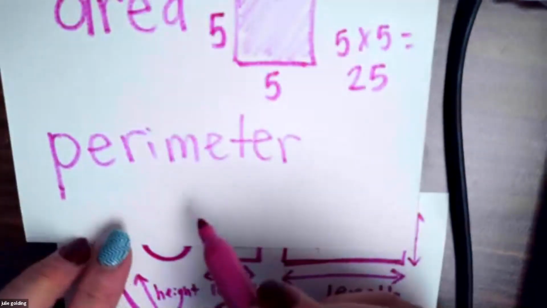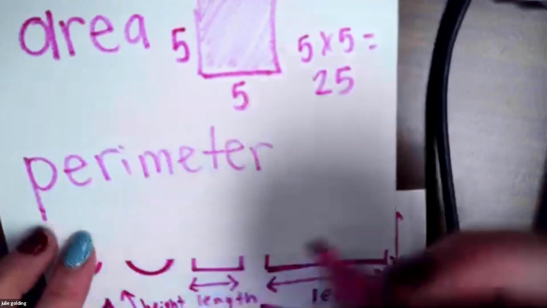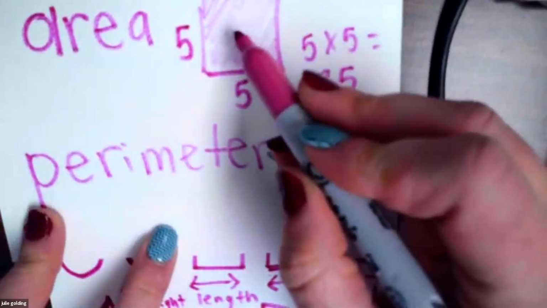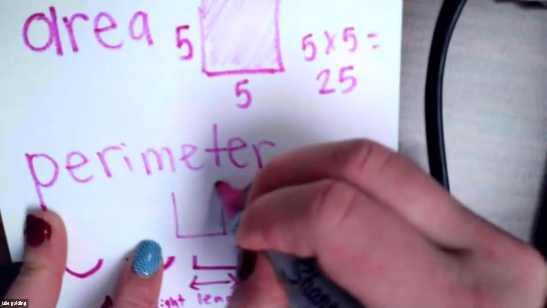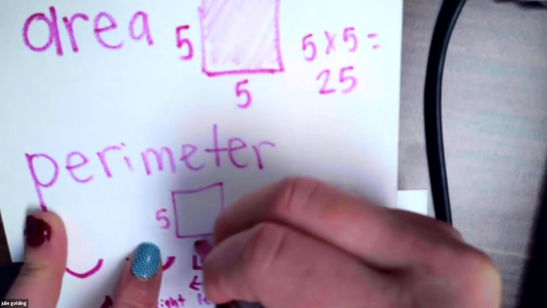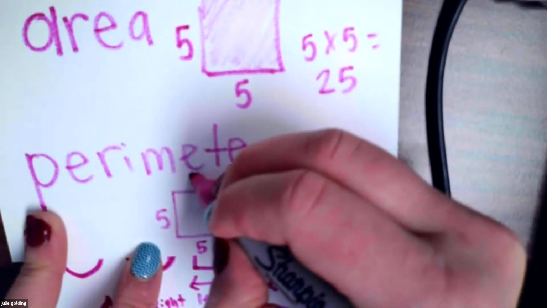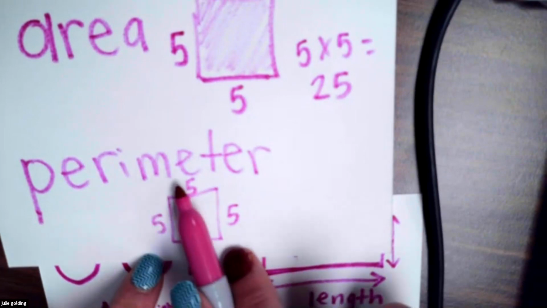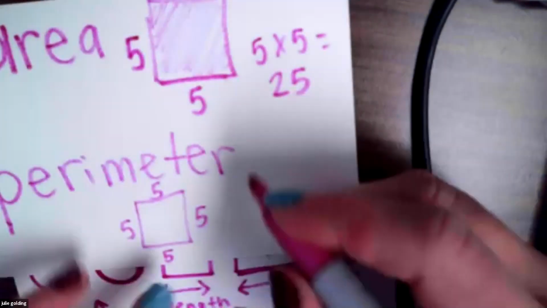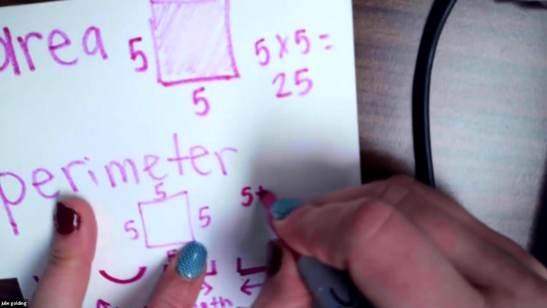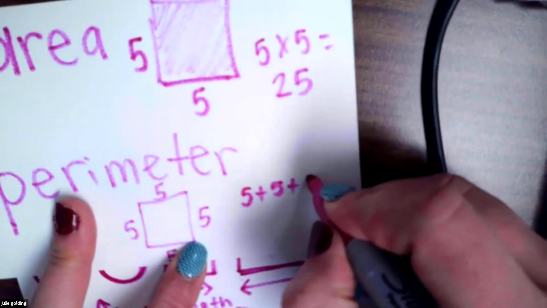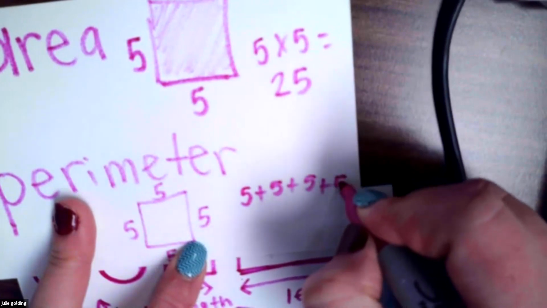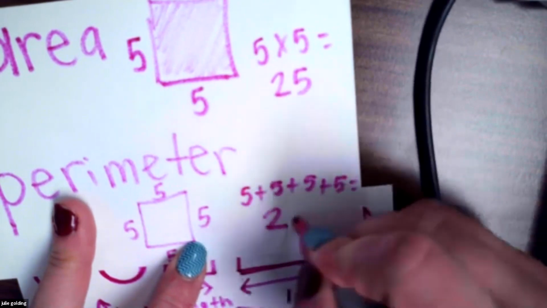For the perimeter, it is a little different. So if we look at the same shape, 5, 5, 5, and 5, we find it by adding all sides together. 5 plus 5 plus 5 plus 5 equals 20.